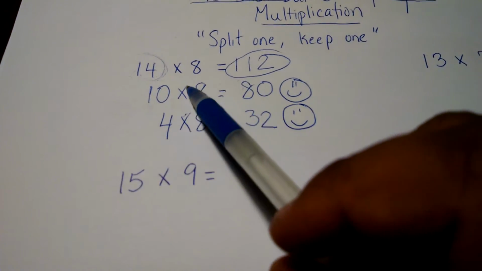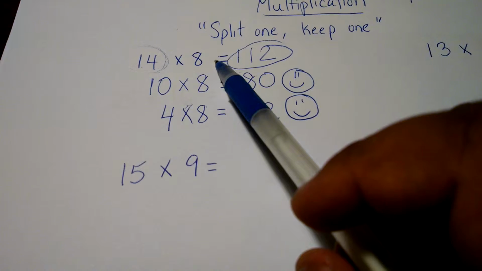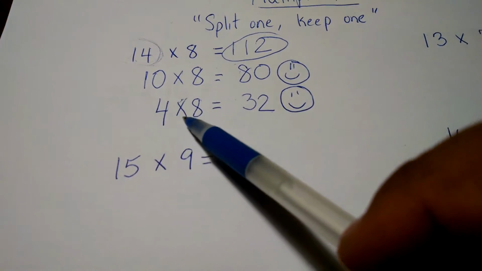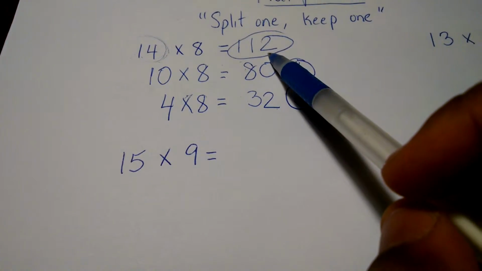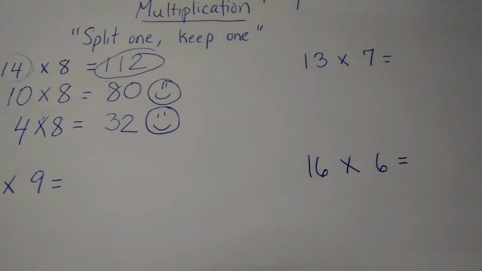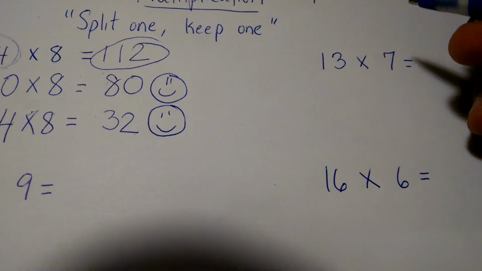So think of an array of 14 times 8, a big array. If you're using grid paper, you would split it into a 10 by 8 array and a 4 by 8 array. And when you add the two products up, you get the answer to the larger array. Alright, so let's try this one. 13 times 7. Alright, you have a 10 here, no sweat.